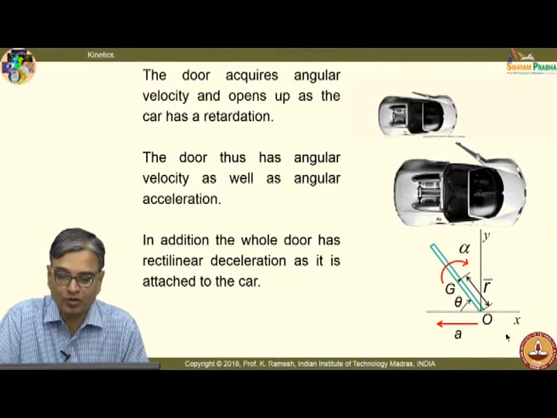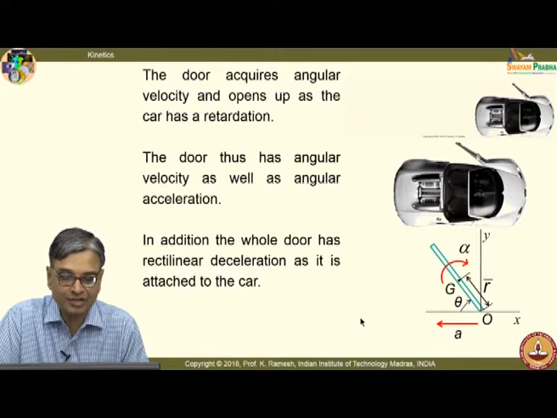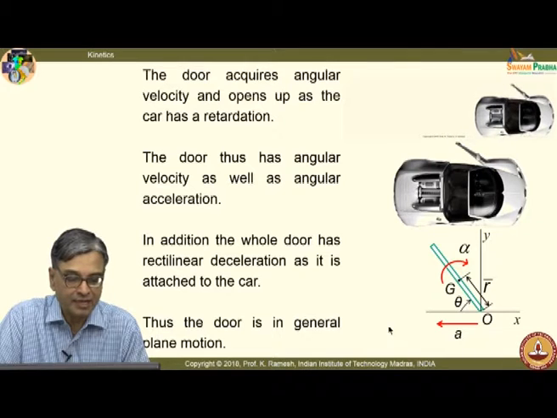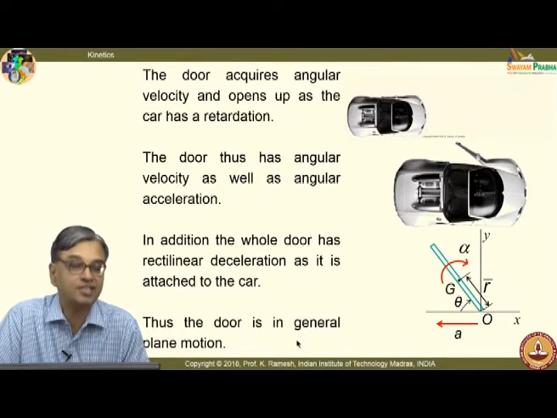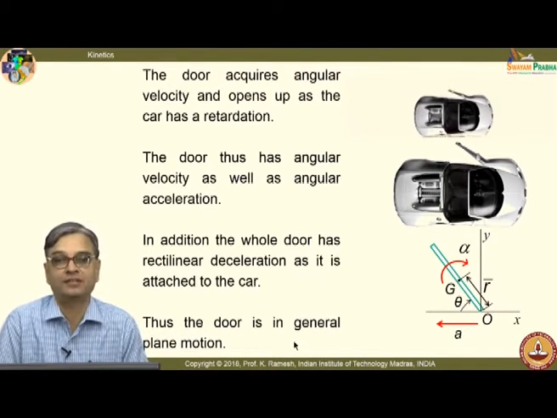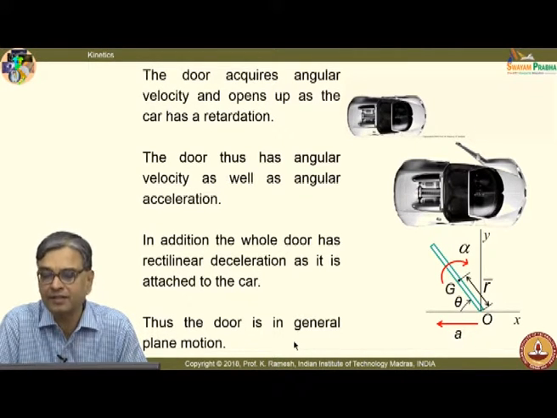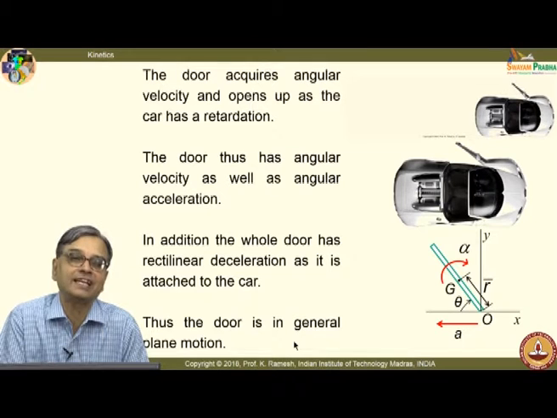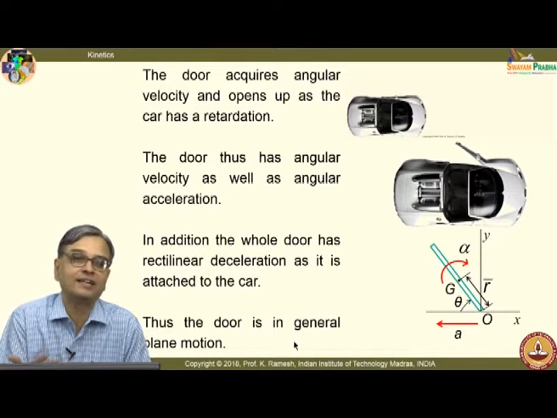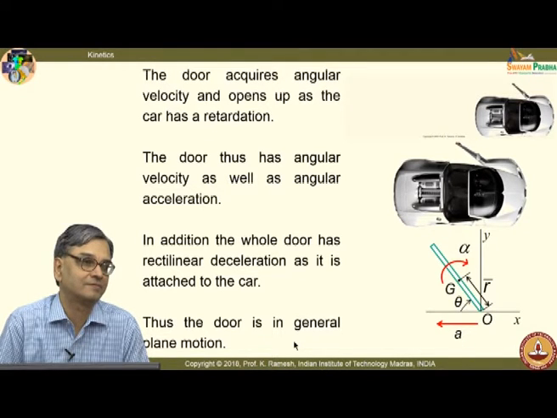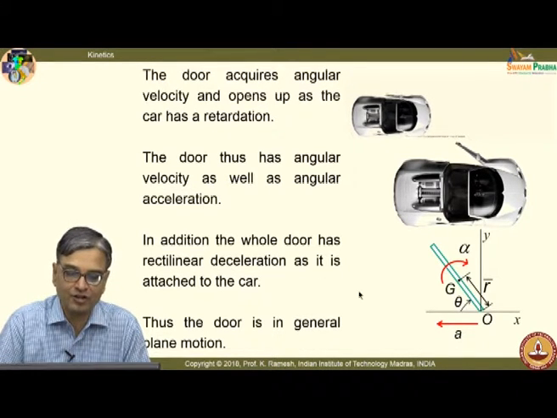And I have the acceleration shown here, which is a deceleration from this problem context. The door is in general plane motion. That is what you have to recognize. Once you draw the neat sketch and put in the quantities, arithmetic is fairly simple. There is no difficulty at all in arithmetic.